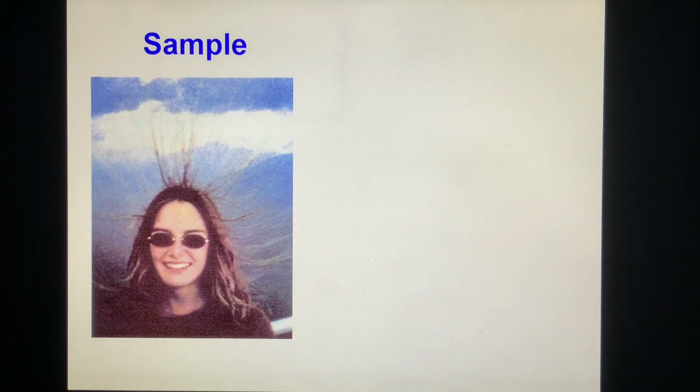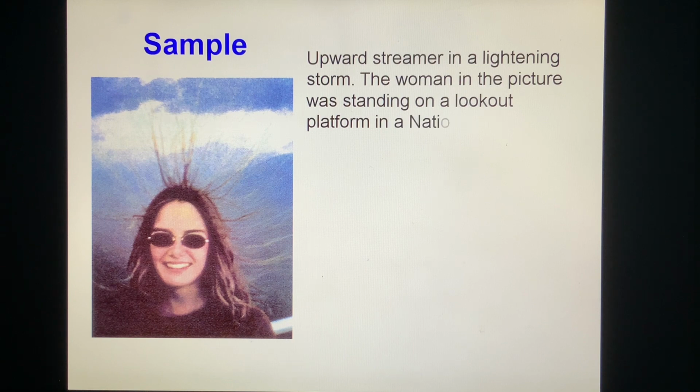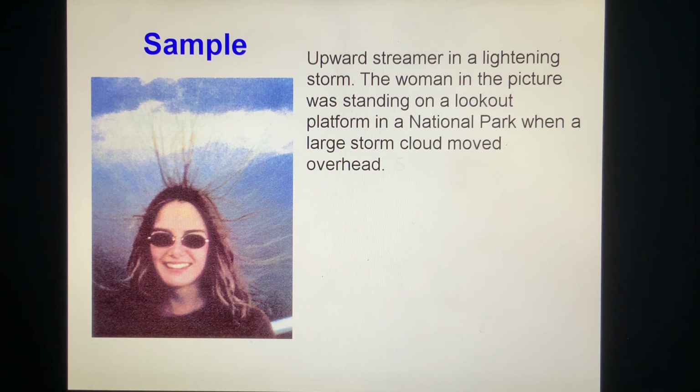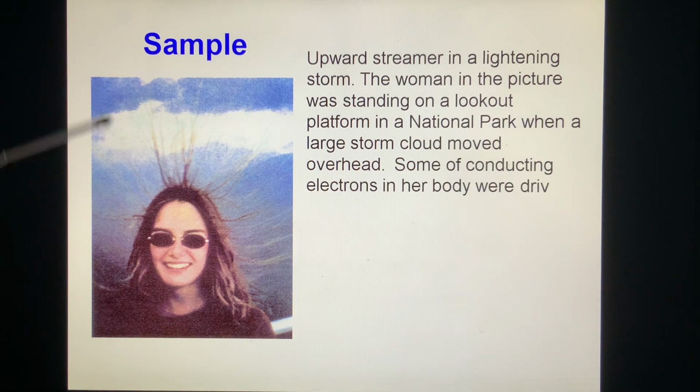Sample problem: upward streamer in lightning. This is the upward streamer. The woman in the picture was standing on the lookout platform in a national park when a large storm cloud moved overhead.